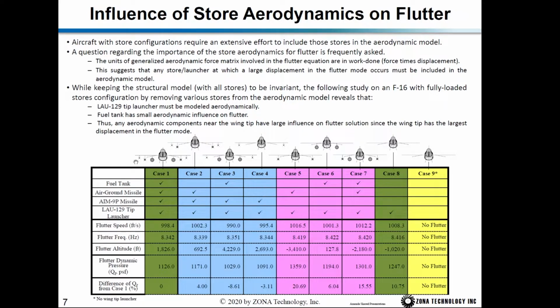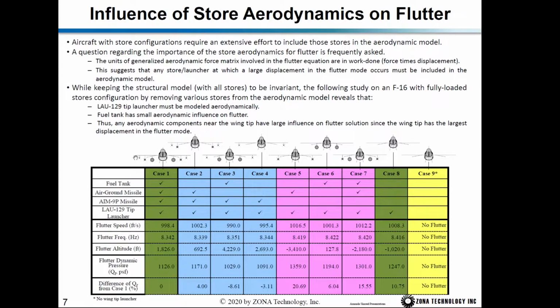Now, if we further take out the launcher from the aerodynamic model, all of a sudden we have no flutter. So this tells us that even though the tip launcher is modeled by ZAERO 7, it is a small piece and its area is small. But once flutter occurs, the flutter mode of the wing has the largest displacement at the wing tip.